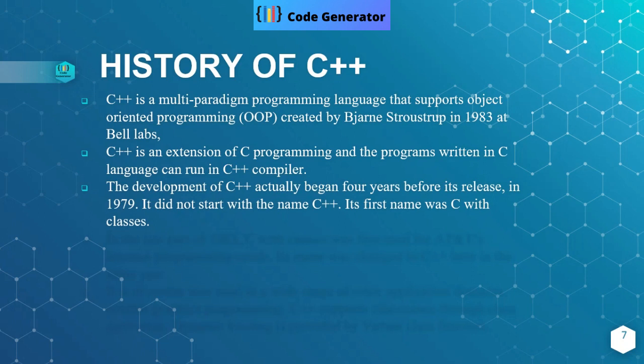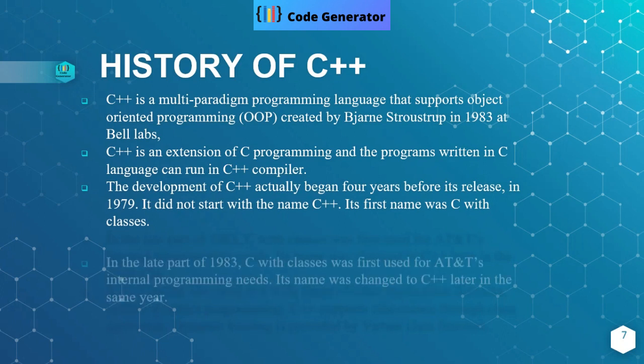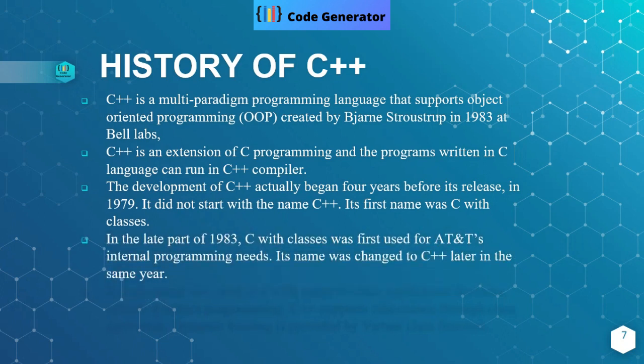The development of C++ actually began 4 years before its release, in 1979. It did not start with the name C++. Its first name was C with classes. In the later part of 1983, C with classes was first used for AT&T's internal programming needs, and its name was changed to C++ later in the same year.